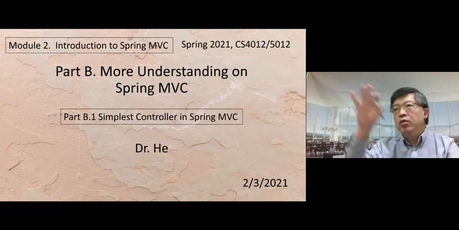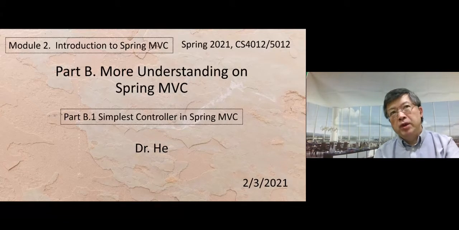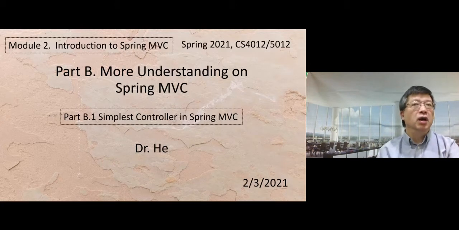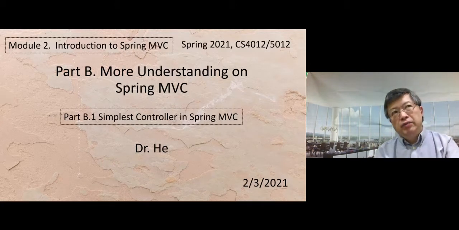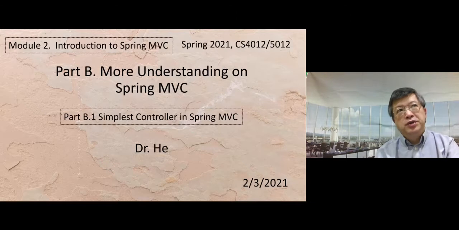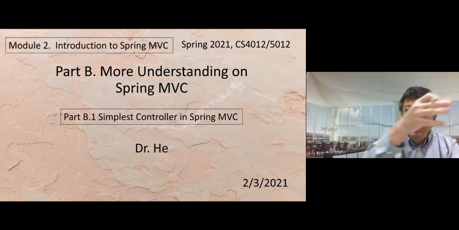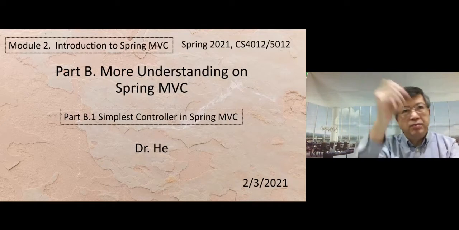Then we move to the current version. Starting from part C, I will talk about the current version. For the older version, I will give you some examples. I will use case study projects, several of them, to show you different types of examples.